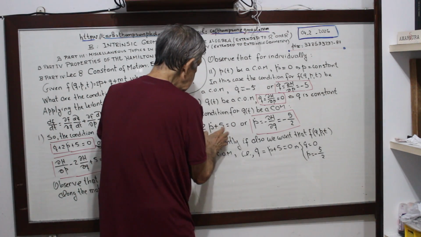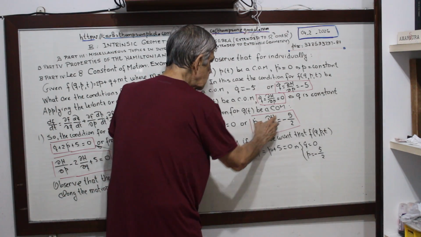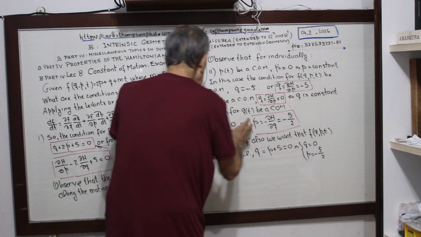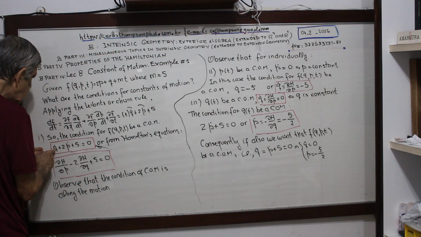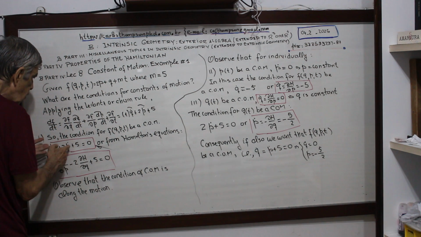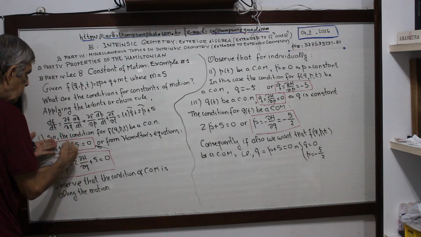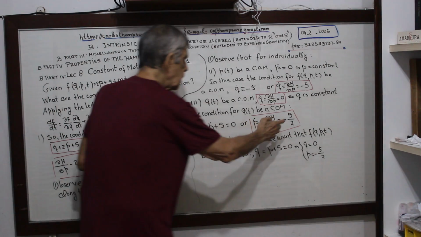You just plug in here on this equation, q dot is equal to 0, and then you solve for p dot, which is equal to minus 5 over 2.